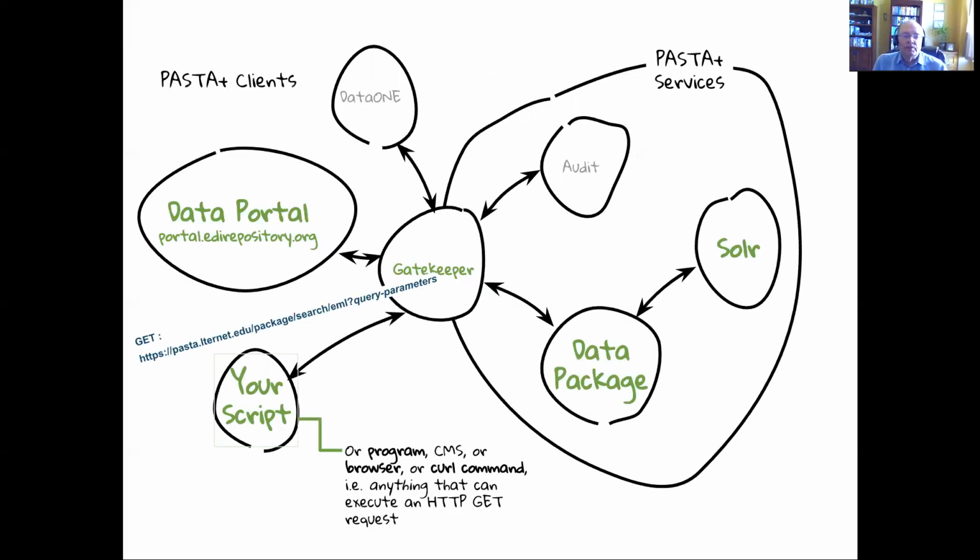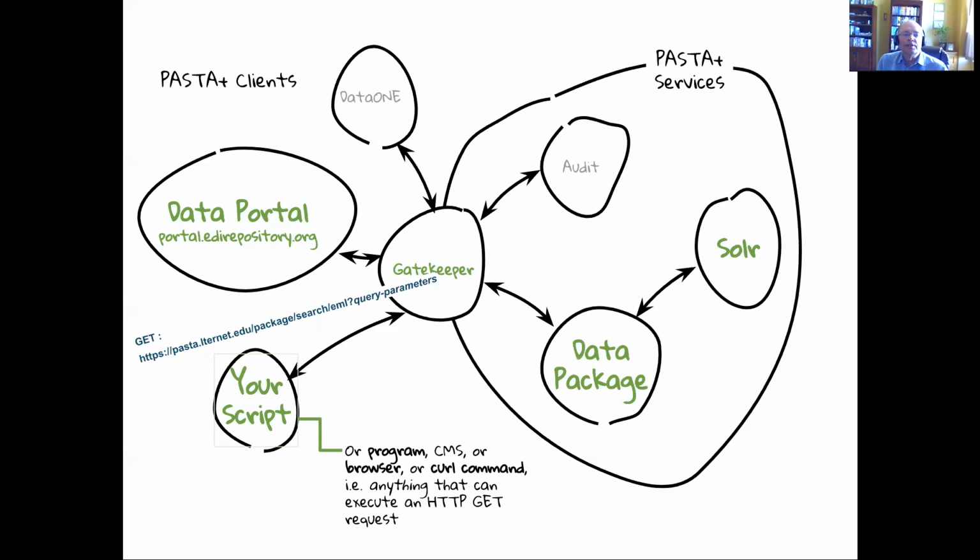Looking at the web service topology in a bit more detail, we see that the centralized EDI data portal calls exactly the same Pasta Plus Search API that we'll be covering in this presentation. In other words, there's nothing inherently different or unique about the data portal search interface that can't be replicated in your own client program.